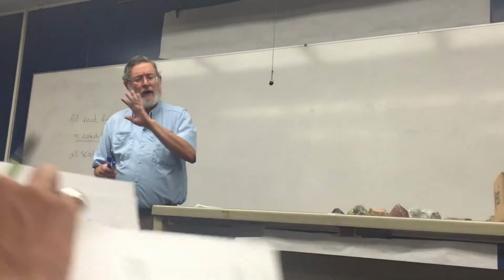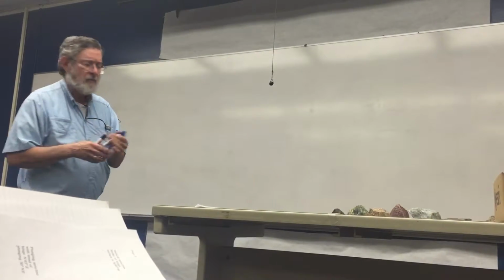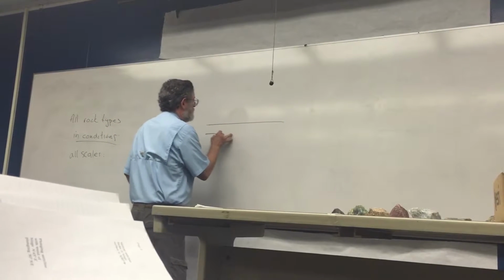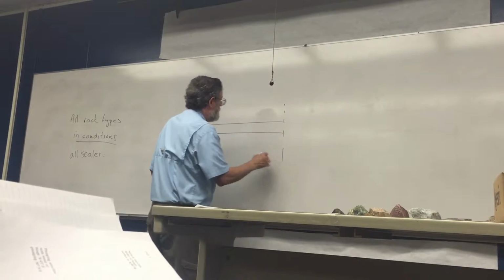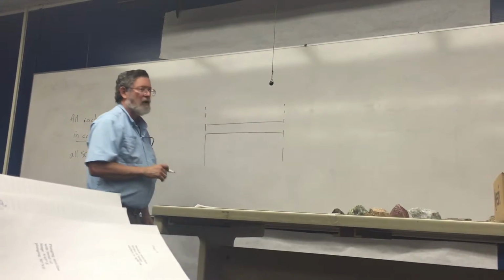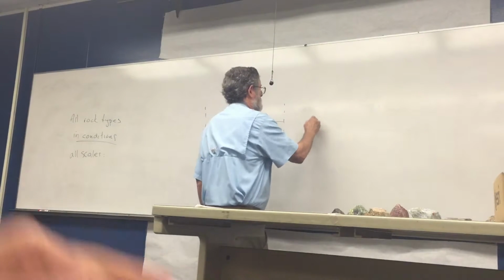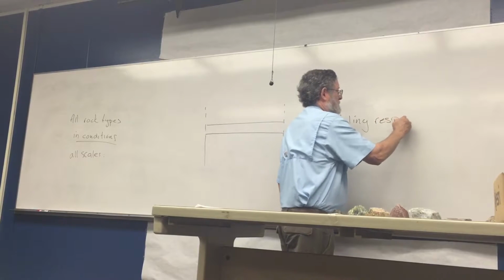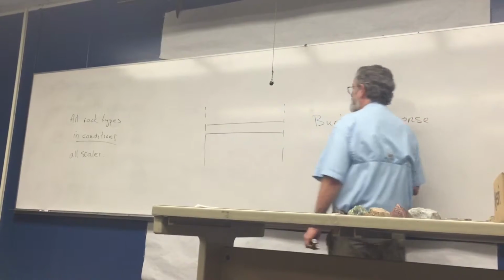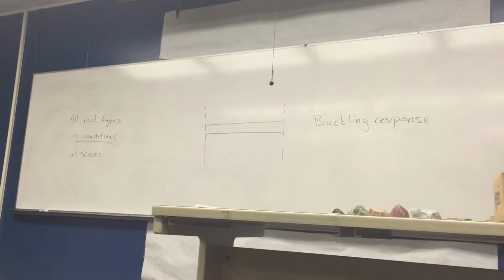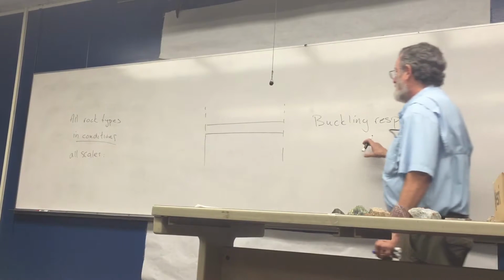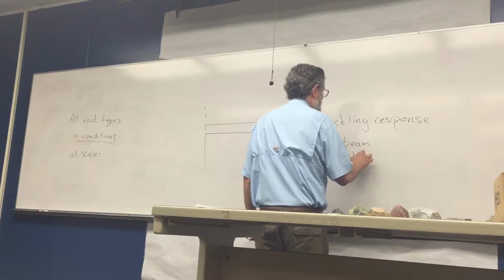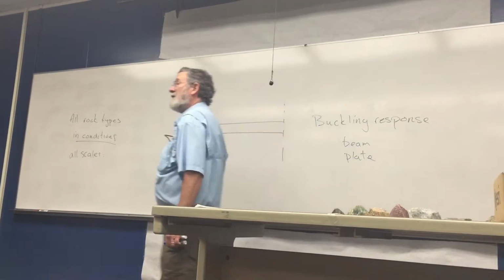What we know about folds, we want to keep relatively simple, but the general concept of folding is that it is likely a type of buckling response. And we can visualize in the most simplistic sense that we are buckling either a beam or some type of a plate, a shell in that system.